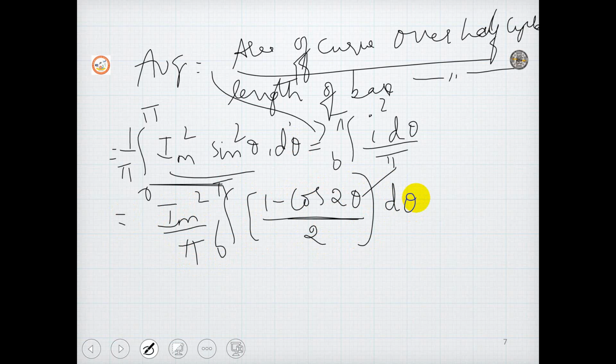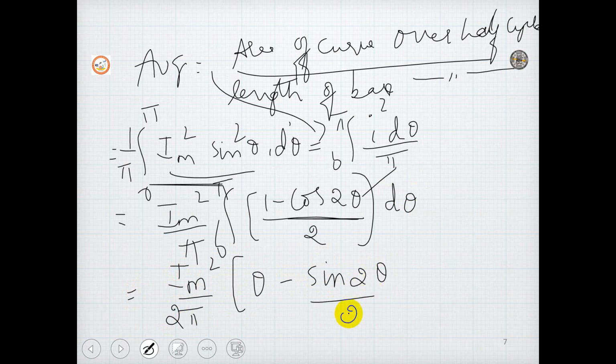When you integrate this, you get Im square by 2 pi times theta minus sine 2 theta divided by 2. Including 1 is nothing but theta, and the integration of cos 2 theta is sine 2 theta by 2, and the limits you need to apply are 0 to pi. When you substitute the limits, you will get the value as Im square by 2.